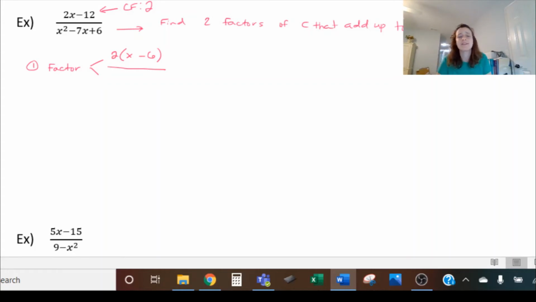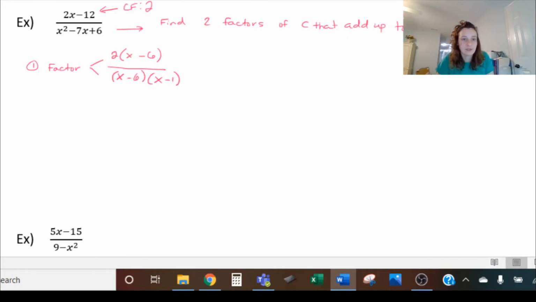I believe in that chapter there was a nice summary of when to use which type of factoring, and this one's nice because I don't have an a, so we can look for those factors. And I can think of 2 right away. I have here -6 and -1. When you multiply them, they're going to equal +6, but when you add -6 plus -1, you'll get -7. So this will be x minus 6 and x minus 1.